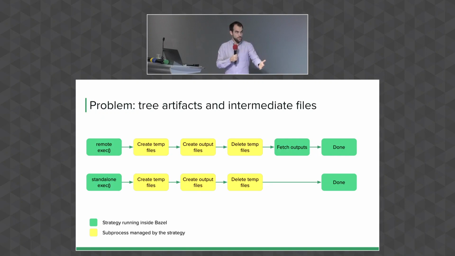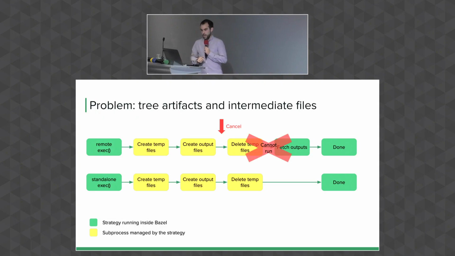You create the real output files, and then right before you exit, you delete the temporary files so that the output tree artifact only contains the things you care about. Same thing in both cases. Now you have to stop these things from running at some point, and you're so unlucky that the cancellation happens there for the remote case, right? You have created temporary files, you have created output files, now you stop running.